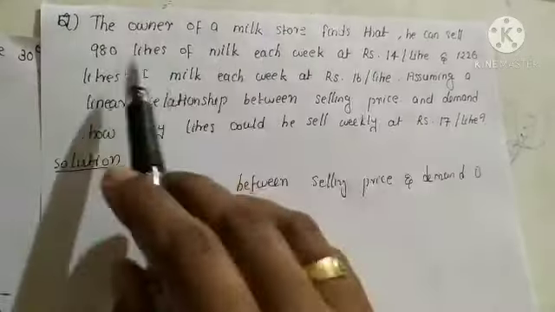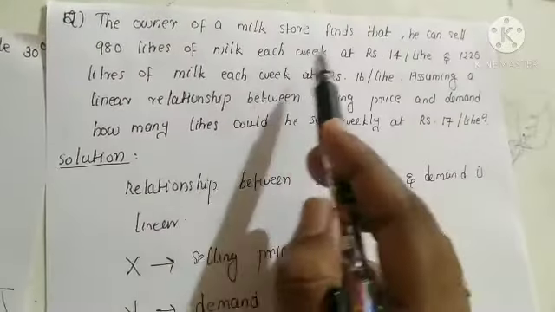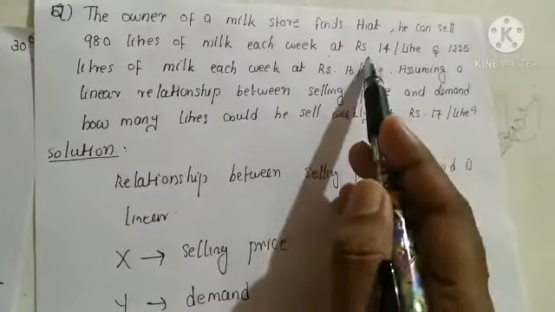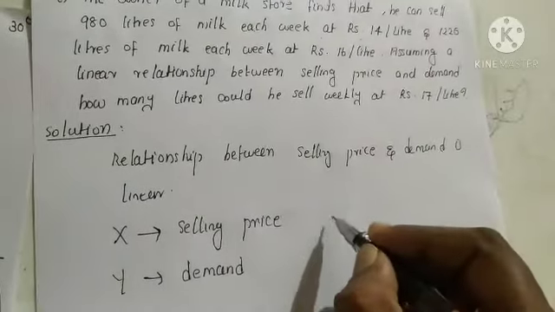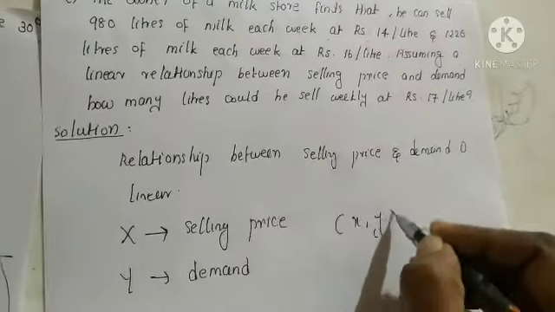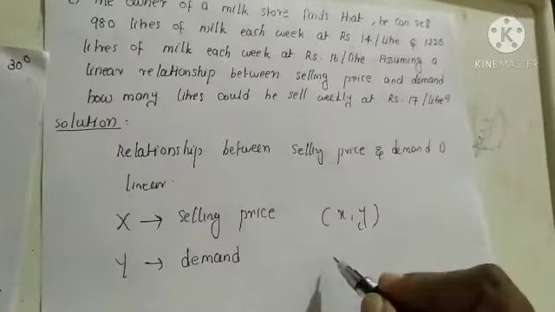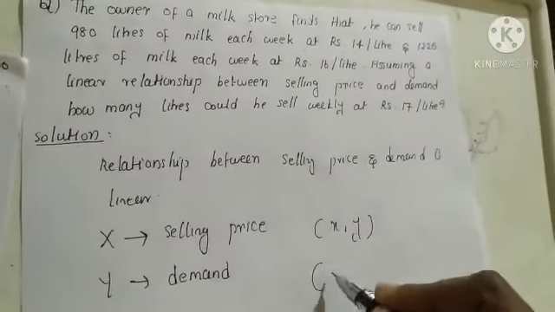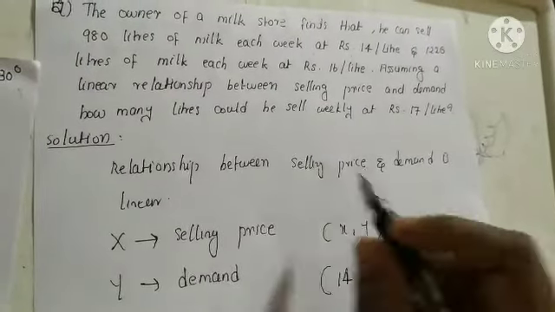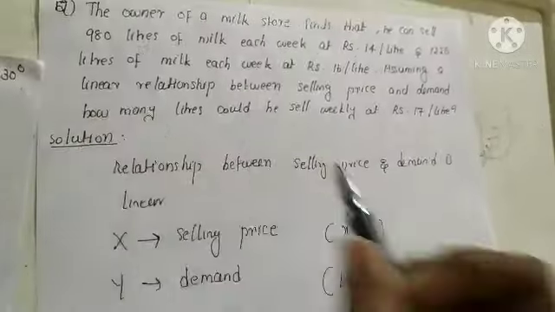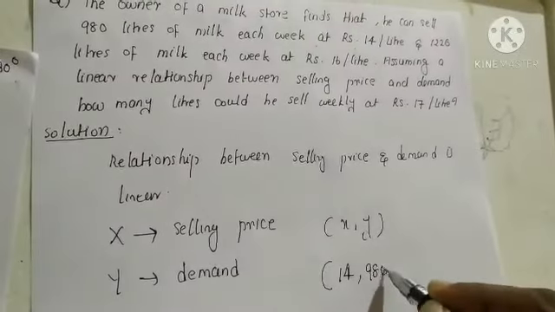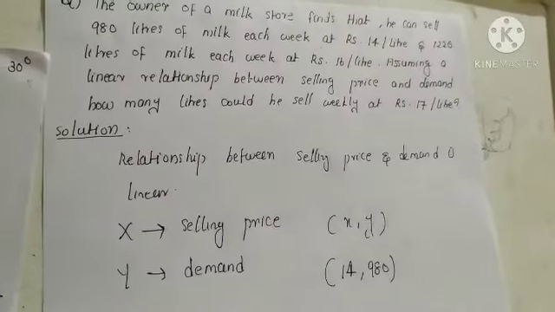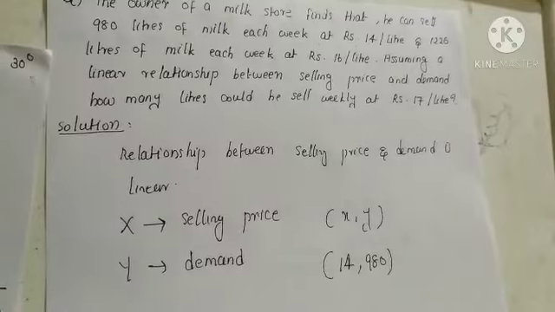he can sell 980 liters of milk each week at rupees 14. So our first point is: at rupees 14 per liter he can sell 980 liters of milk each week.